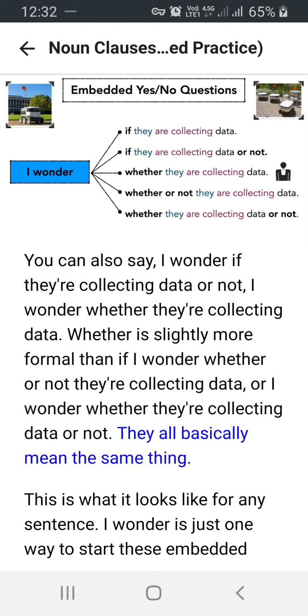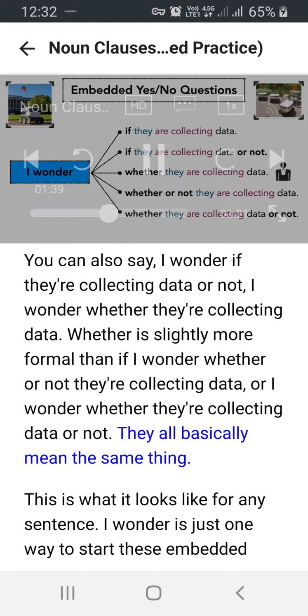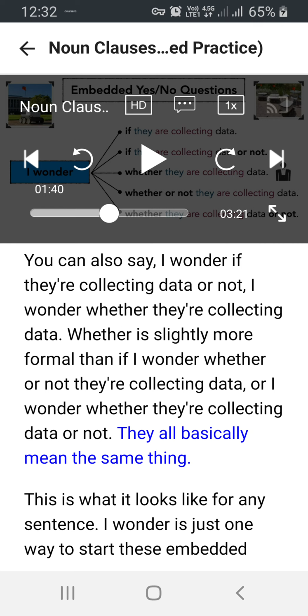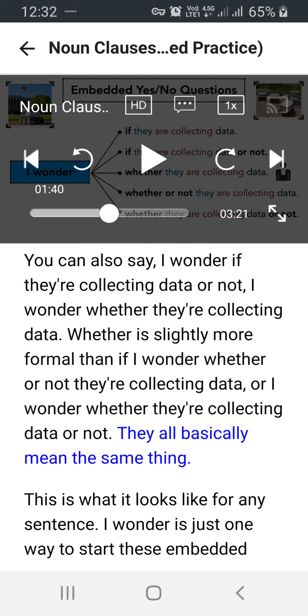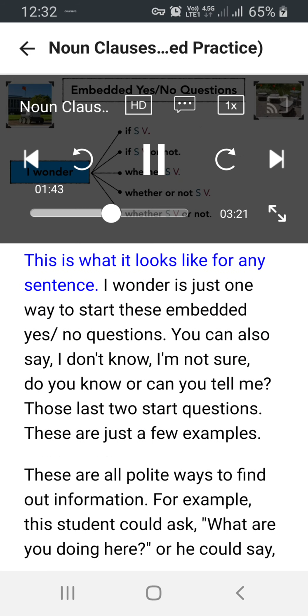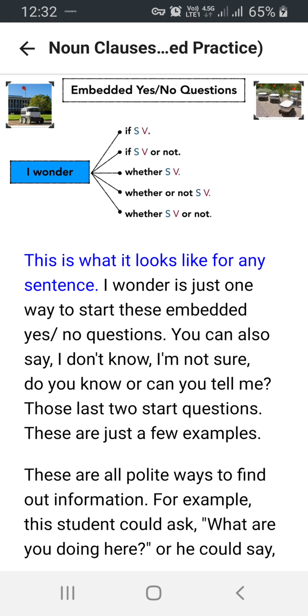They all basically mean the same thing. And this is what it looks like for any sentence.